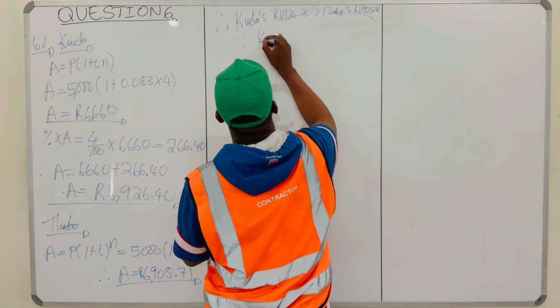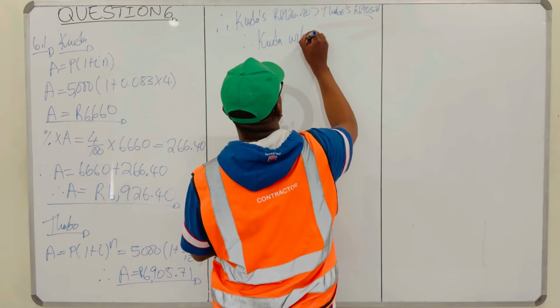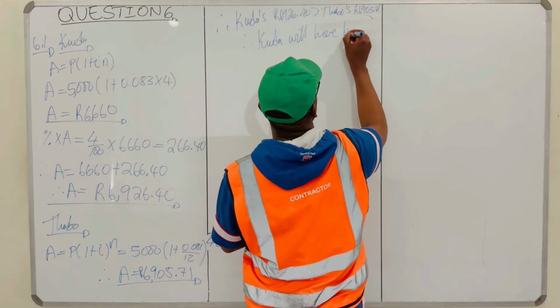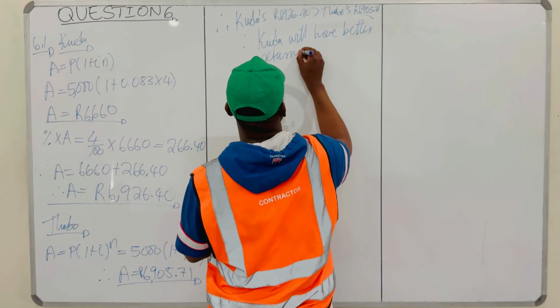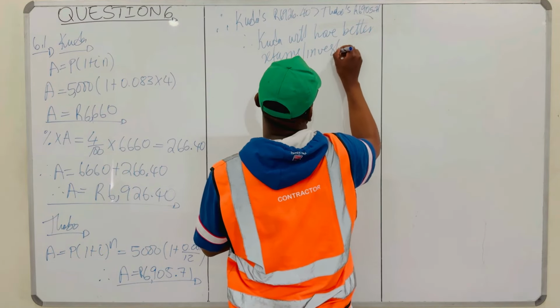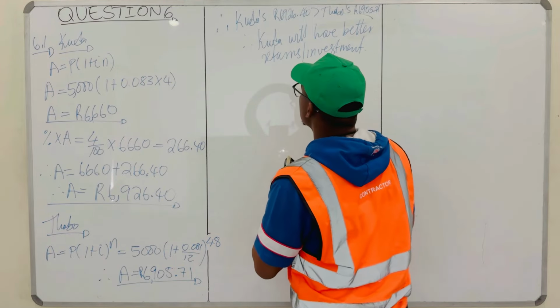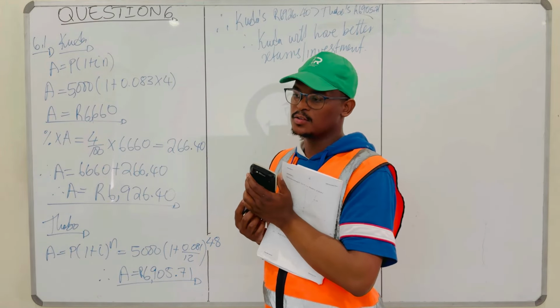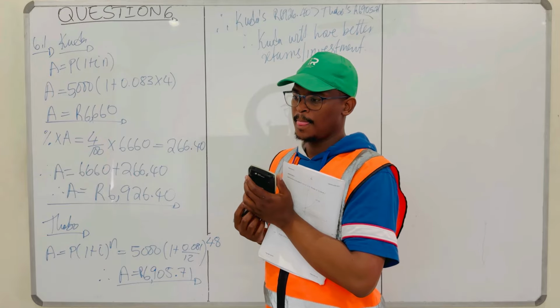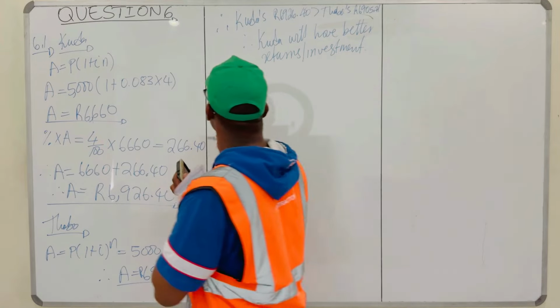Therefore, Kuda will have better returns on his investment, because Kuda's money is more than that of Tabo. Are we clear? Yes. No problem.